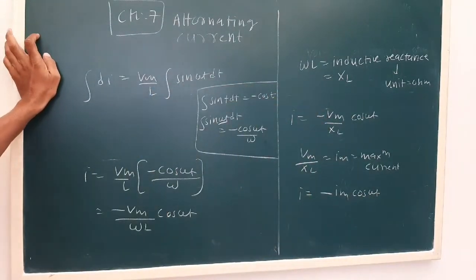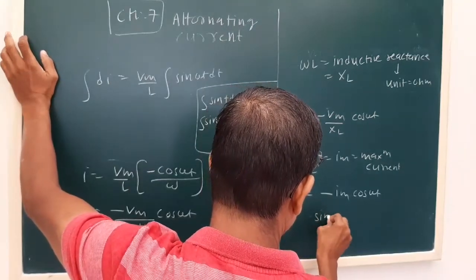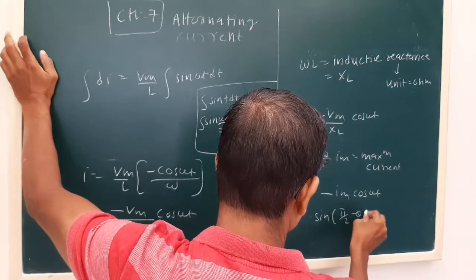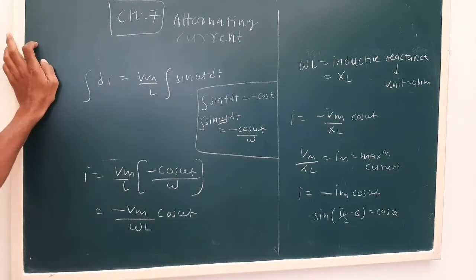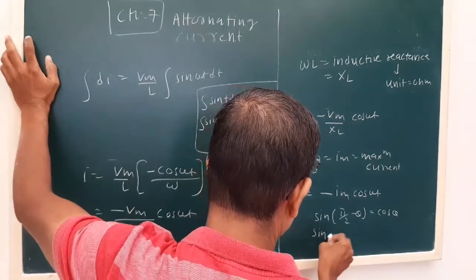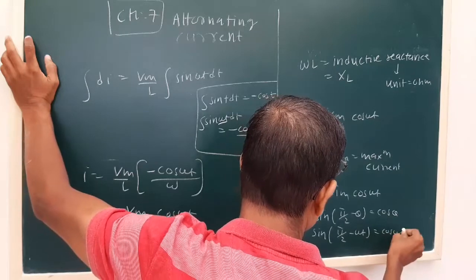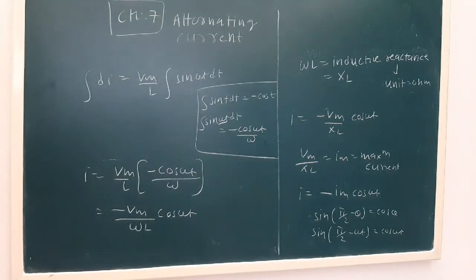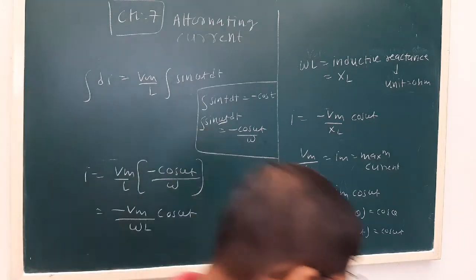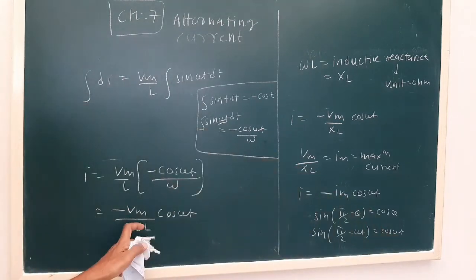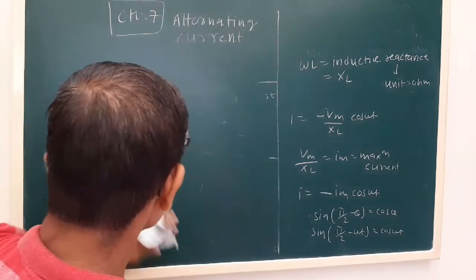Now we know that sin of pi by 2 minus theta is cos theta, or we can write sin of pi by 2 minus theta. Here the theta is omega t, that we have used earlier. Now here we have minus cos omega t.